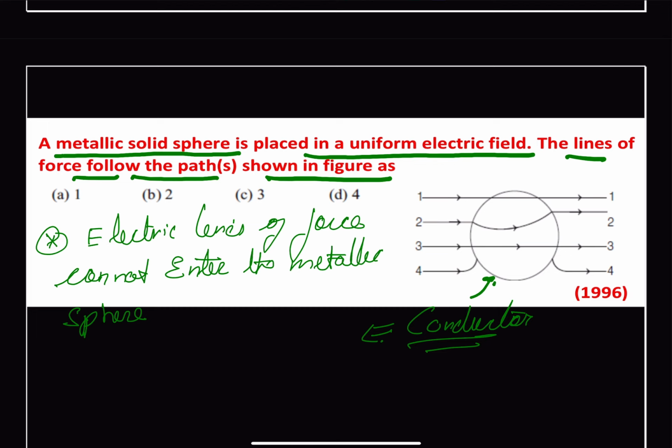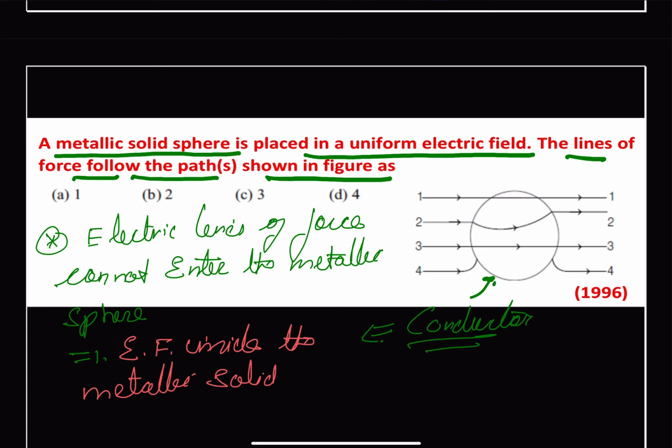Therefore, the electric field inside this metallic solid sphere is equal to 0. Therefore, we can say that the electric field inside the metallic solid sphere is equal to 0.